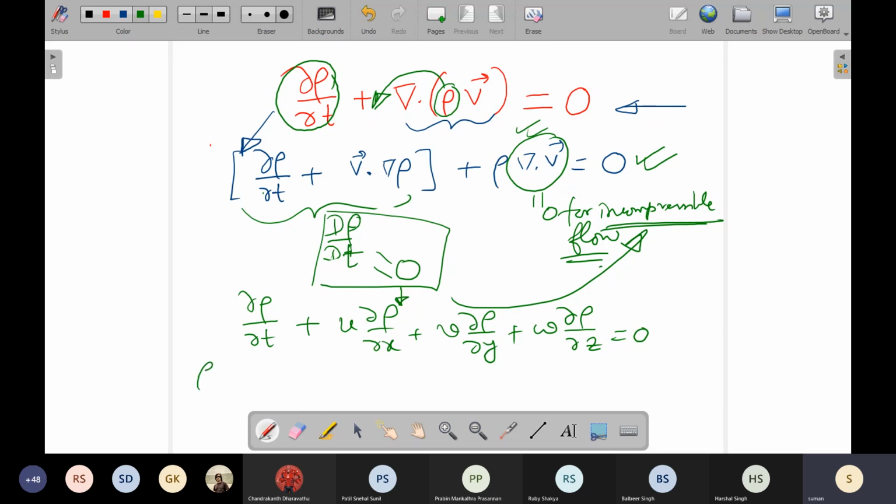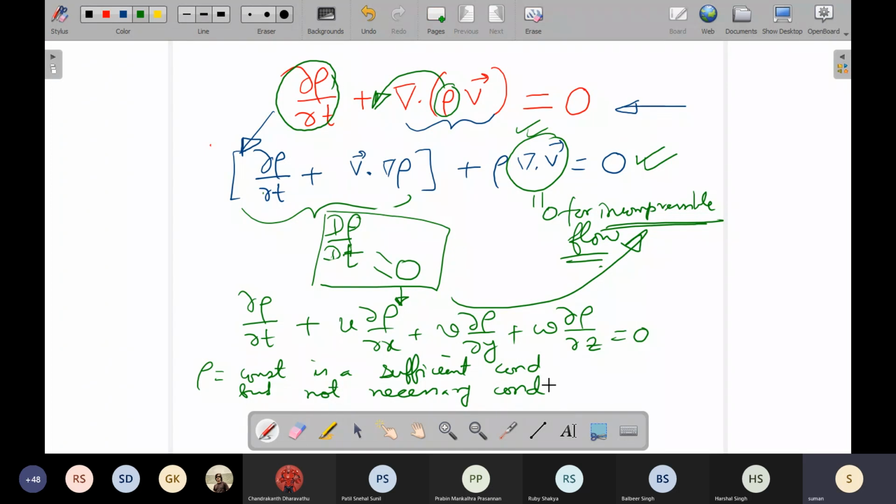So we can say that rho equal to constant is a sufficient condition for this. If it is there, then this will be zero. But it is not a necessary condition. That means this can be zero even if density is not a constant. So the bottom line is that incompressible flow need not have constant density.